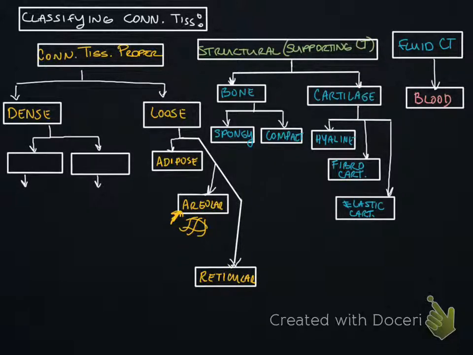And then finally we have reticular, which I'm not sure if you went over in lab. This is found in solid organs like lymph nodes or the spleen. And then dense connective tissue proper is either regular or irregular. Either way, we're going to have thick fibers that are packed really close together.